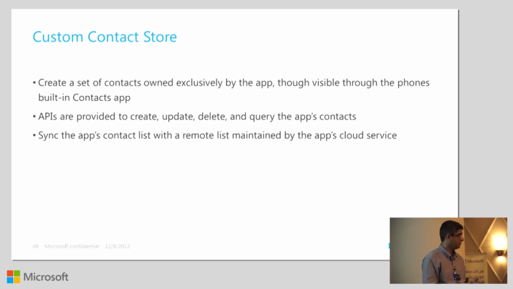So those are my contacts, but they will be integrated into the People Hub also, right? And they can be synchronized with my cloud service as well. But this is different from the People contacts. So there are two different APIs, right? If you want to access the People Hub, you have a different API. If you want to create a custom contact store, then that's a different API.